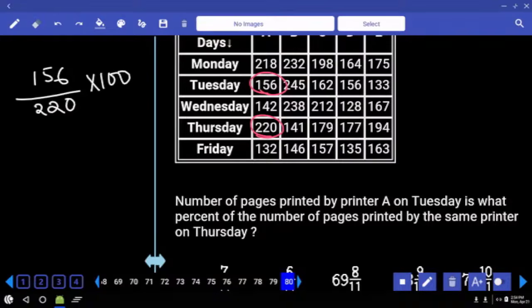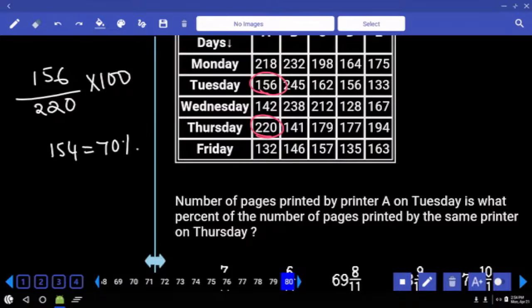I told you already, get answer from the denominator, correct? What is 10%? 22. Approximately how many 22s are there? Approximate 7. 7 into 20, 7 into 2. 140, 14. So 154 is equal to 70%.